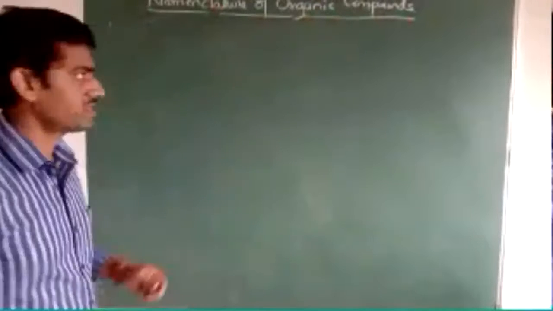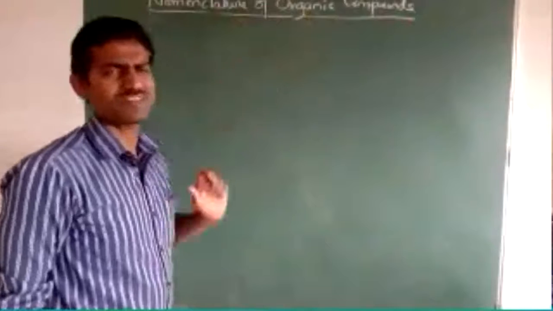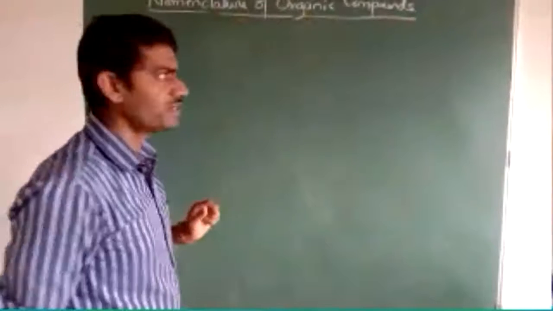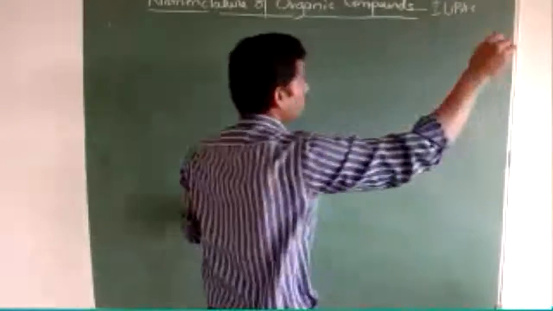What do you mean by nomenclature? How to name the organic compounds. There are certain rules that have been made. Who has made them? That is IUPAC. There is one system, we are going to call it IUPAC.